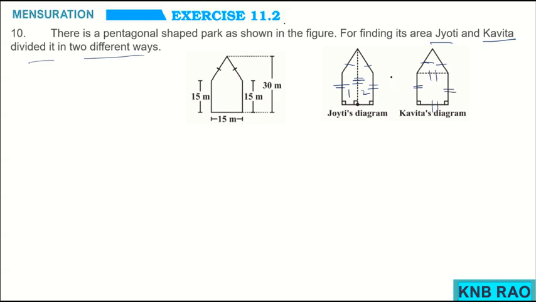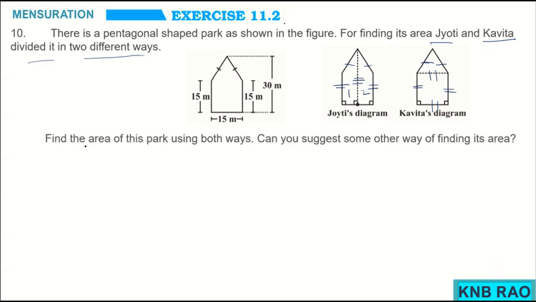So we need to find the area of this park using both ways. Okay, and can you suggest some other way of finding its area? That we will do afterwards.